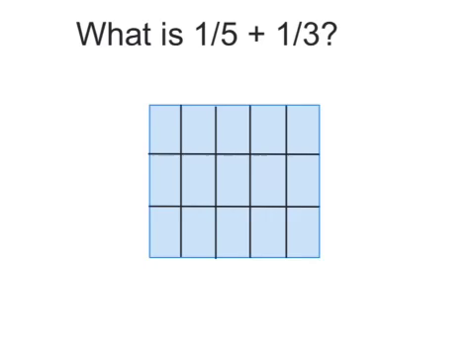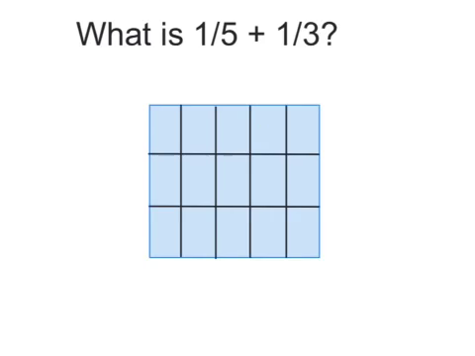But what if we have a more difficult question? I can't turn thirds into fifths or fifths into thirds. So how can I add 1/5 plus 1/3? Well, in this case, I'm going to make an array, which is just something that has columns and rows, right?